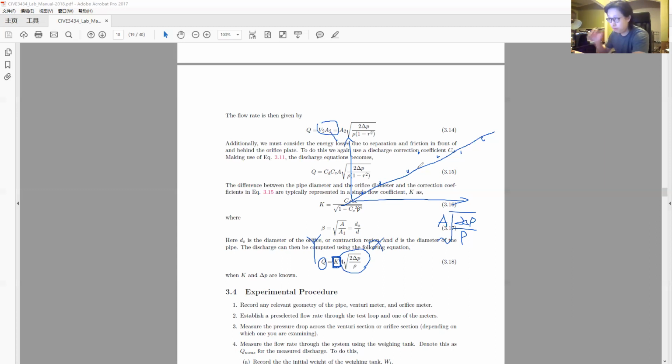I think you guys are pretty familiar with this because we use it a lot in lab 1 and lab 2: just get a trend line, get an equation for the trend line, and the equation should look like this: ax plus b. So what is K here?